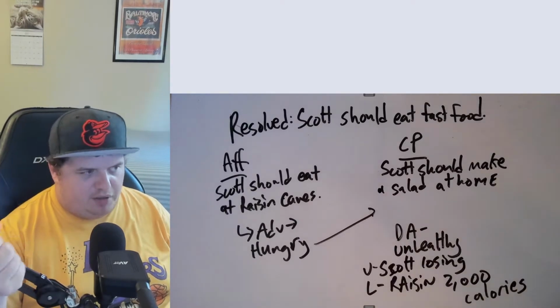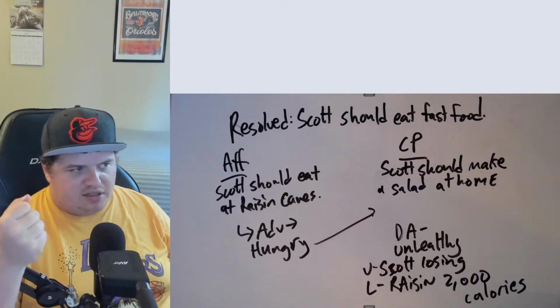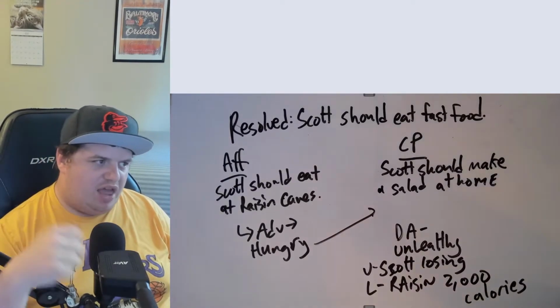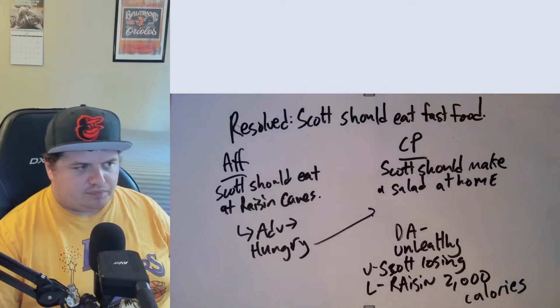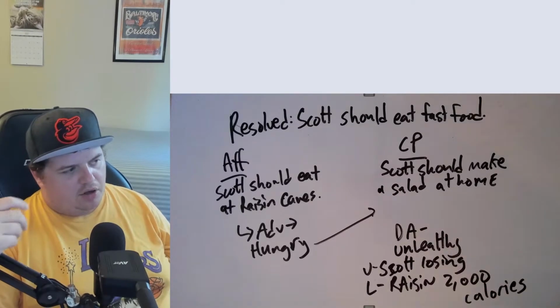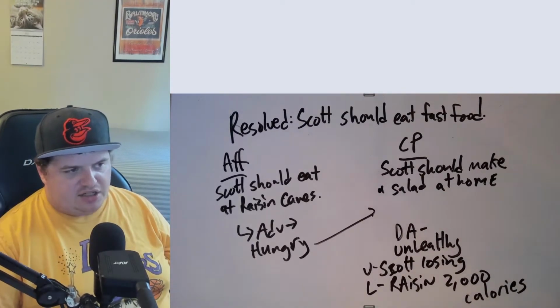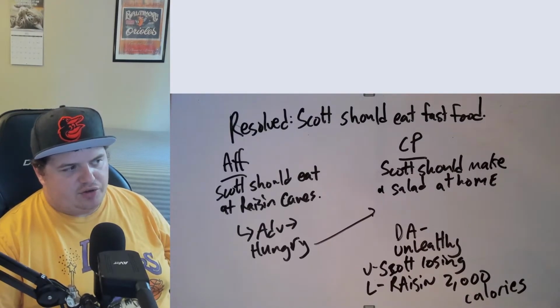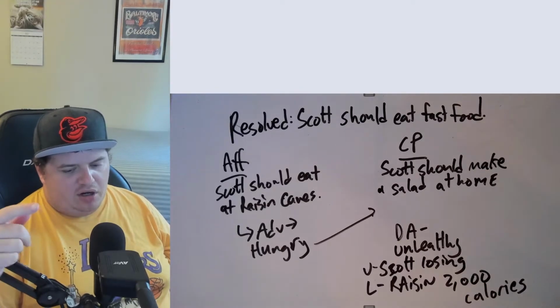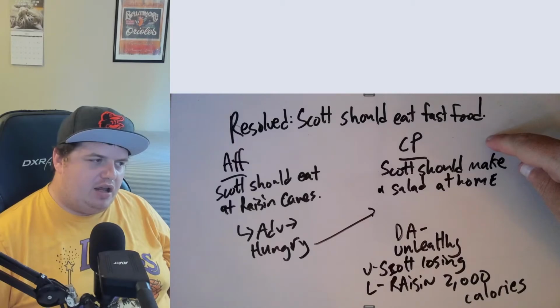The most common permutation that you're going to have is one that combines the affirmative and the negative counterplan together. So in this instance, a counterplan permutation would say Scott should eat at Raising Cane's and Scott should make a salad at home. Is the combination of those two things better than either the affirmative or the counterplan in the debate, or no?